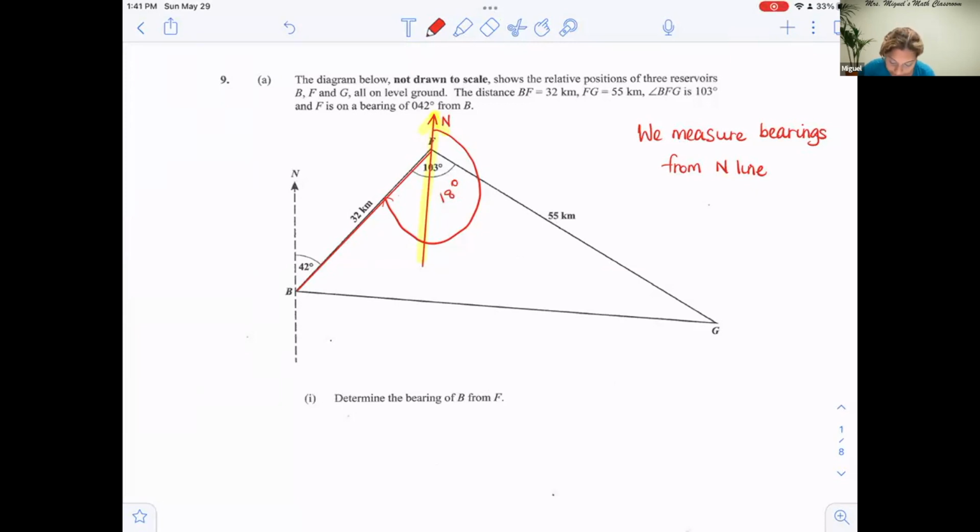So this line and this line are parallel. And this is what we call Z-shaped angles. Z-shaped angles are called alternate angles. So if this angle is 42, this measure will be 42. So add for me 180 and 42, and that will give us the bearing of B from F.